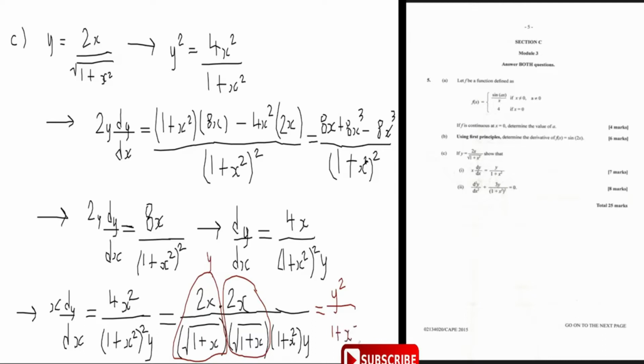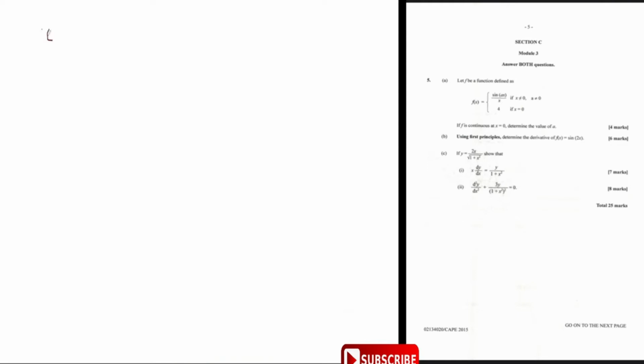So that is x dy by dx. To finish it off, we have that x dy by dx is equal to y squared over (1 plus x squared) times y.